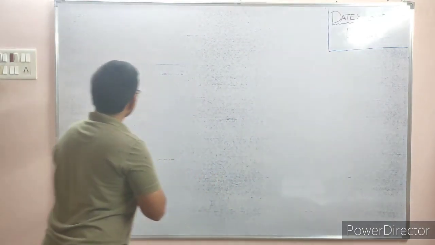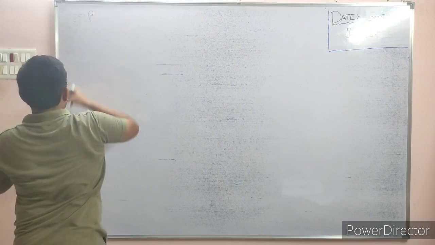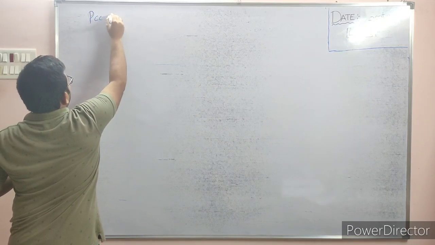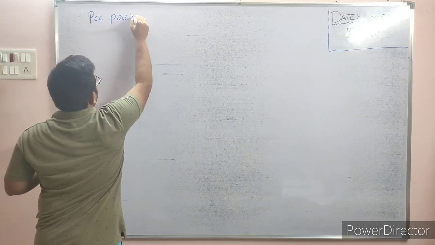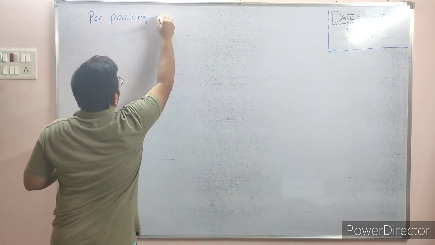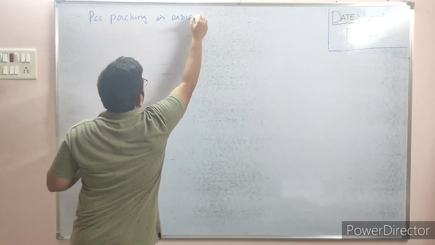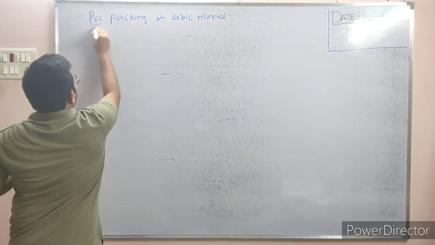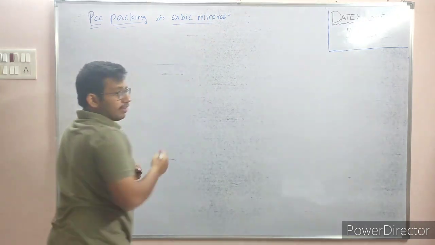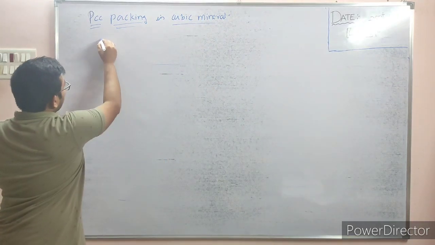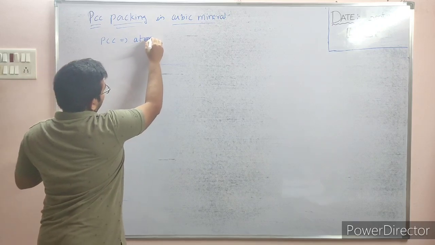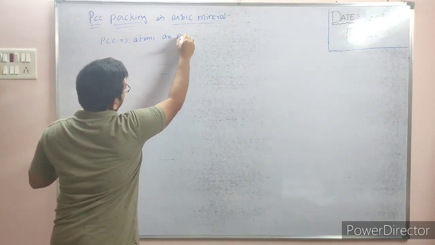First thing is FCC packing in cubic mineral. So we learned that in FCC packing, atoms are present at the corner. Atoms are present at corner, right?